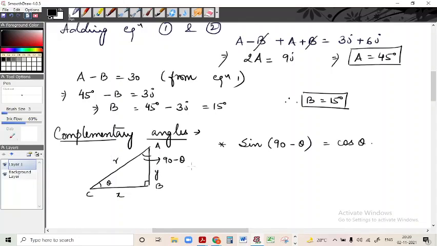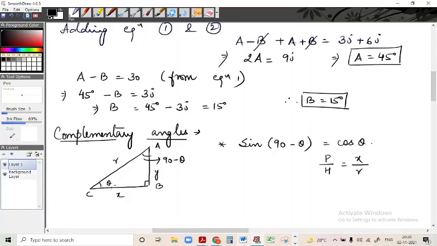Okay, so here when I am writing sine 90 minus theta, that means this is the side adjacent to the angle and this is the side opposite to the angle. So sine 90 minus theta is perpendicular by hypotenuse. Perpendicular is X by hypotenuse is R, right?